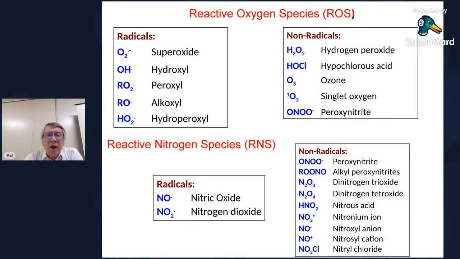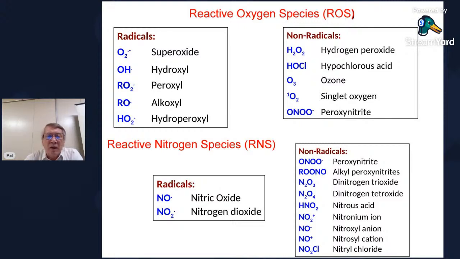As for the reactive oxygen and nitrogen species frequently mentioned in the literature, here are the most important types of oxygen-centered and nitrogen-centered reactive species. Among them, we can distinguish radical type and non-radical type reactive particles.